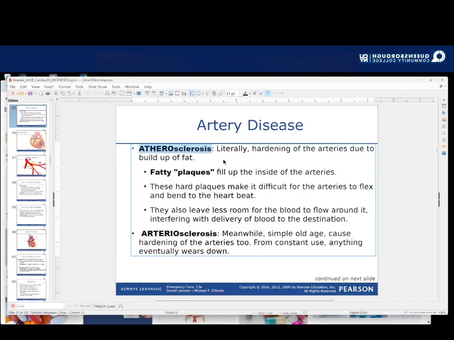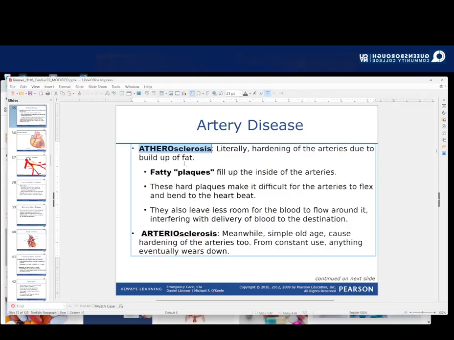I say voluntarily ingested, meaning nobody's forcing them to smoke and have a drink, but the patient willingly does it of their own free will. And after years and years of that bad living, they end up with atherosclerosis.